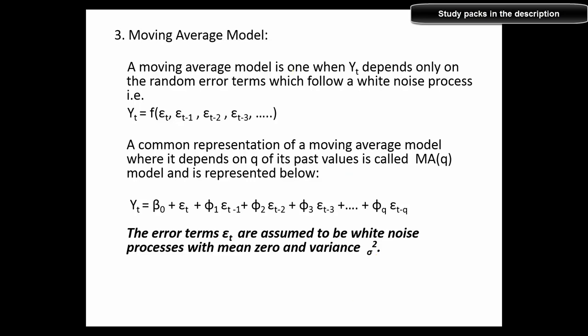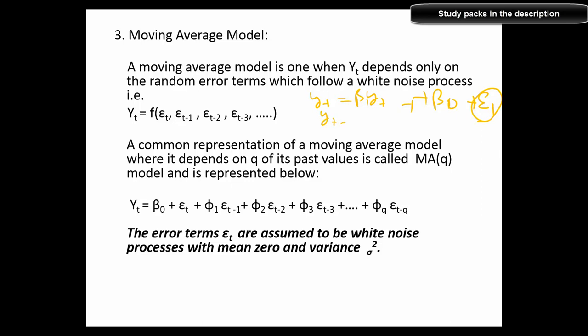The next type of models are known as the moving average models. The moving average models are the ones where you forecast by taking the error terms. So if you do a regression of yt with yt minus 1, with beta 1 plus beta naught, you'll get error 1.